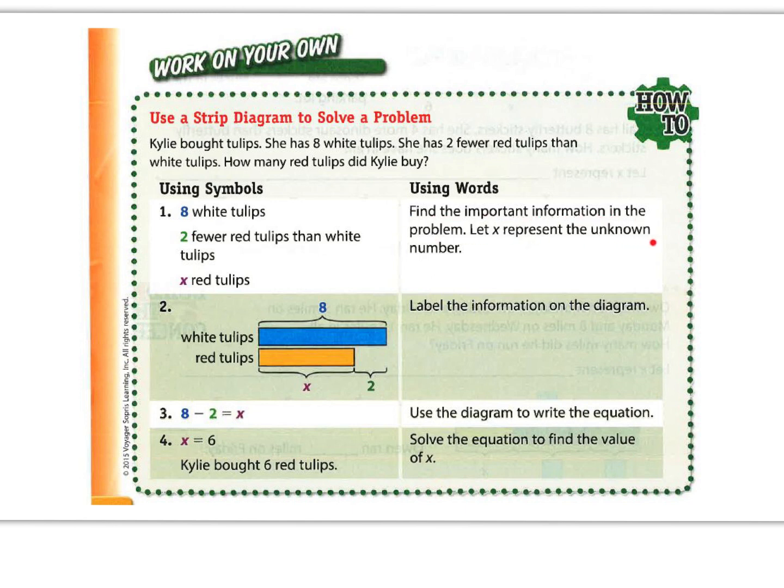Let x represent the unknown number. White tulips is 8. So we're going to label this. Red tulips is x, but she has 2 less than white tulips. So then we would use the diagram to write an equation. 8 minus 2 equals x. x equals 6. Kylie bought 6 red tulips. So solve the equation and find the value of x.